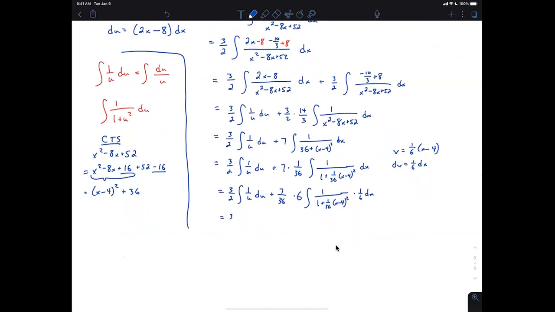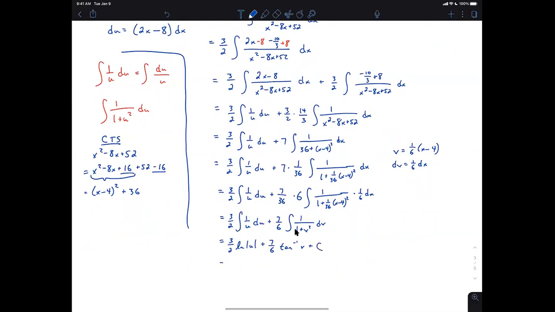That then gets us 3/2 integral 1/u du plus 7/6, because the 6 cancels with 36, times the integral 1 over 1 plus v squared dv. And now they're finally both in the form that we can do, where we have log and inverse tangent. So we get 3/2 natural log absolute value of u plus 7/6 inverse tangent of v plus c.